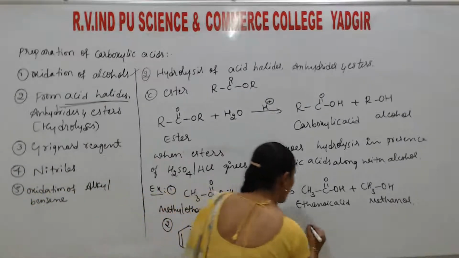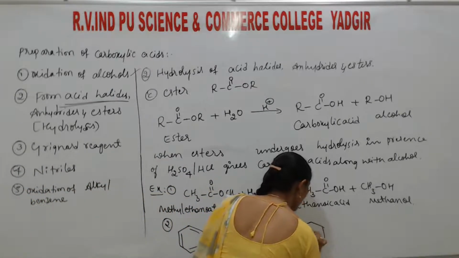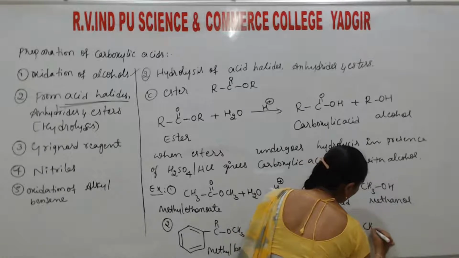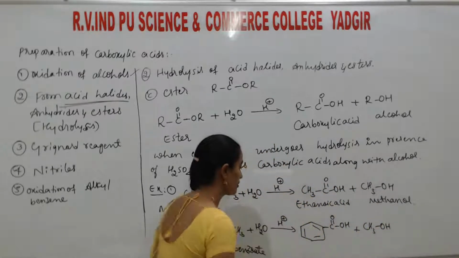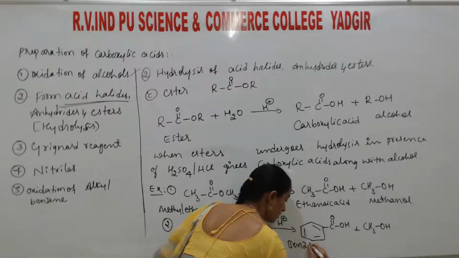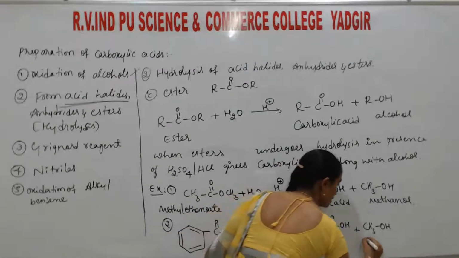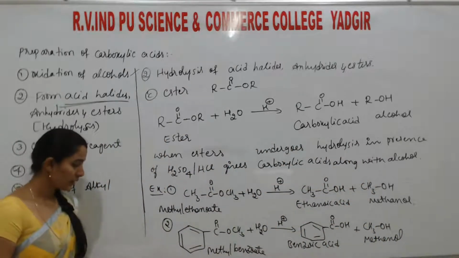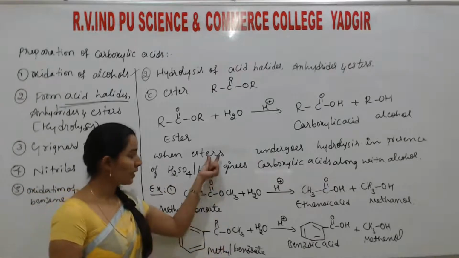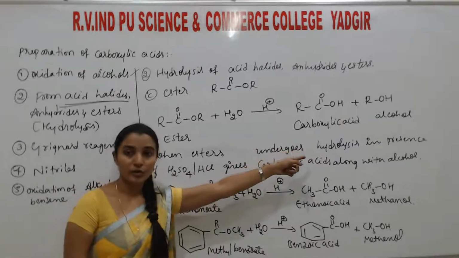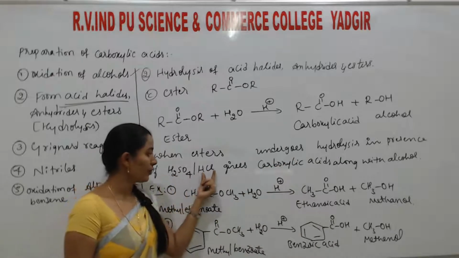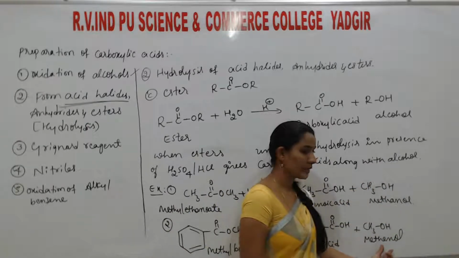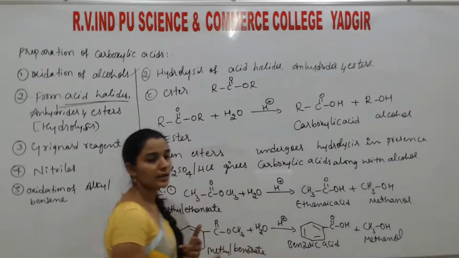So it forms this one, benzoic acid, and methanol. This one is benzoic acid, and of course this one is methanol. So how can we explain here? When this methyl benzoate undergoes hydrolysis in presence of H2SO4 or HCl, it gives benzoic acid along with alcohol, that is methanol. These are the examples.